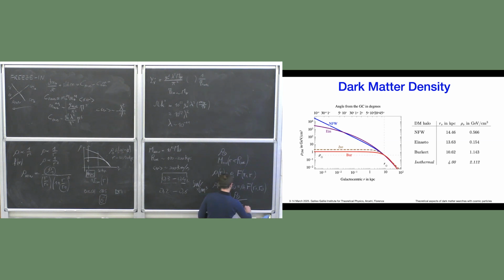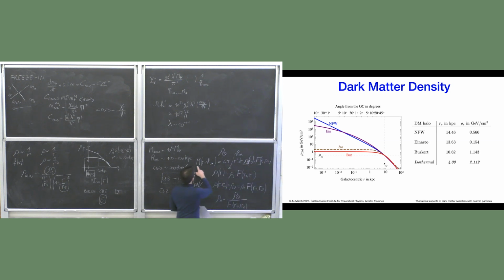The most difficult part is to find r_s with the mass. In particular, you know that the mass is given by the integral, so we have to integrate this quantity, with rho_s multiplied by the function f of r_s.